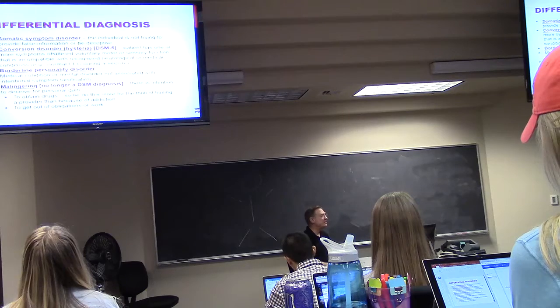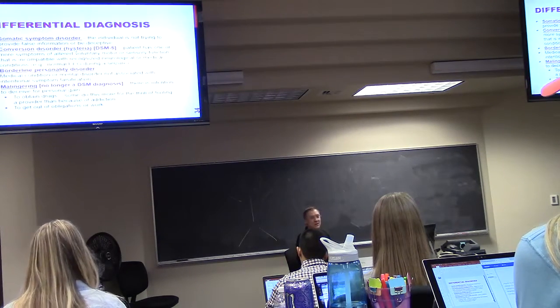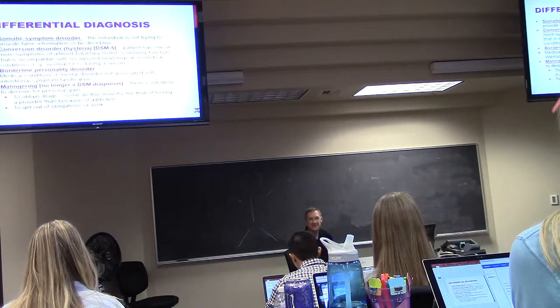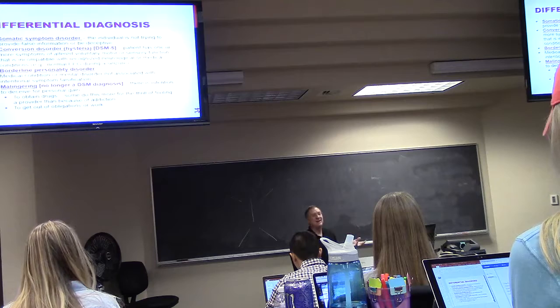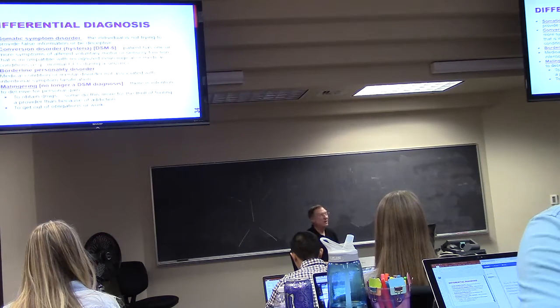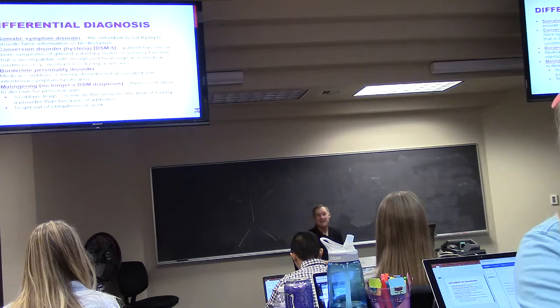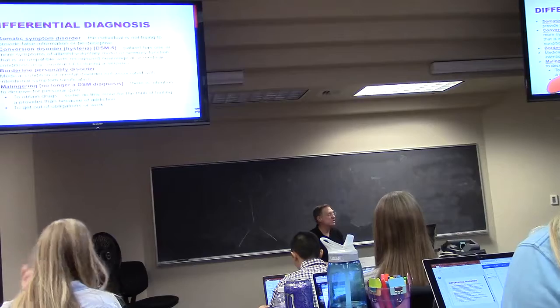Okay, conversion disorder. This is all I'm going to give you about this. Conversion disorder used to be called hysteria. That was a psychiatric diagnosis. She's hysterical. We say it when they're just kind of crazy and acting out and over-the-top dramatic. Well, hysteria was a diagnosis, and it's still a diagnosis called conversion disorder.